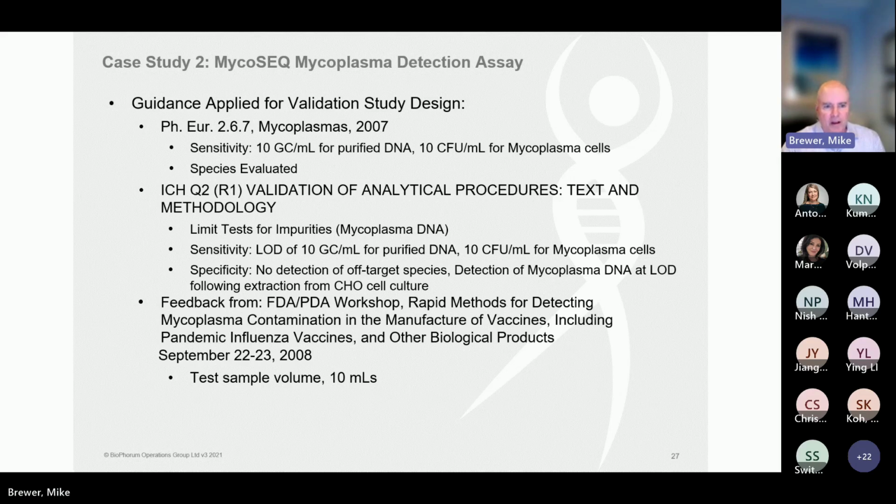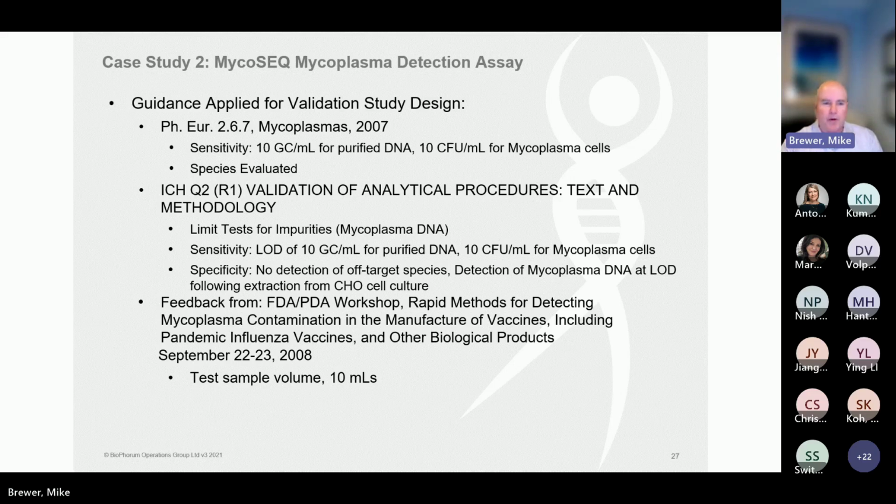The LOD that we validated was 10 genome copies per mL for purified DNA, 10 CFU per mL for Mycoplasma cells. We also assessed specificity, and that's in two parts. No detection of off-target species was confirmed, and then detection of Mycoplasma DNA at the LOD following extraction from the CHO cell culture, showing that components in the typical test sample did not interfere with detection at LOD.